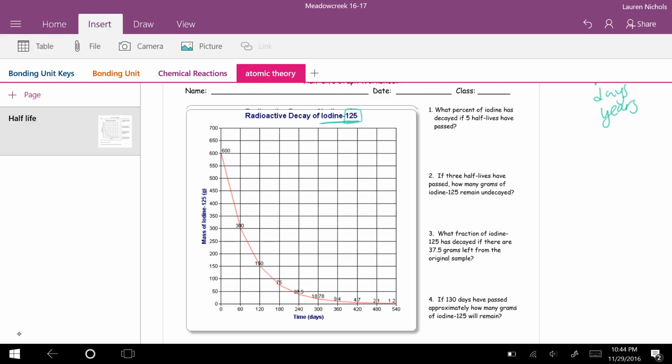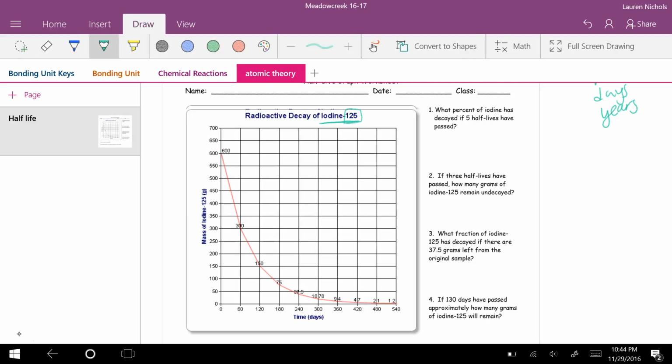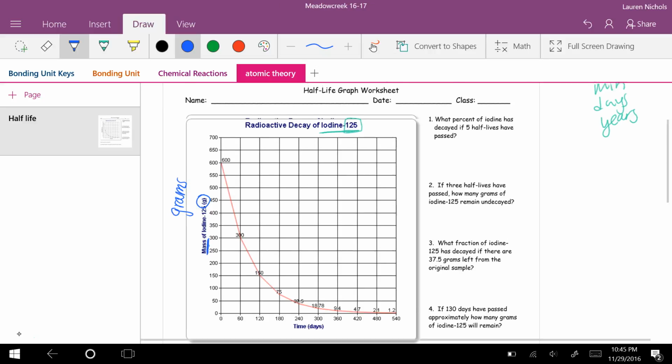But it's important to really analyze what the graph looks like and what it's saying. So if we look at our y-axis here, we see that the mass is on the y-axis, and mass is measured in grams. So anytime they're asking you for how much or something along those lines, it's asking you for a question in grams here.